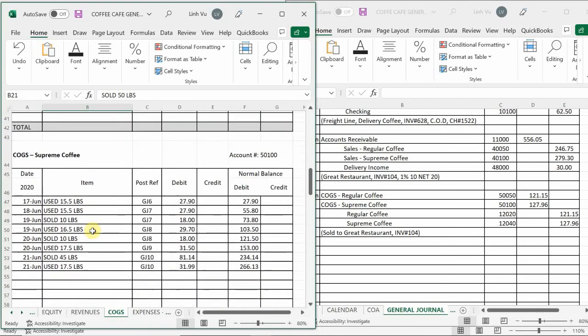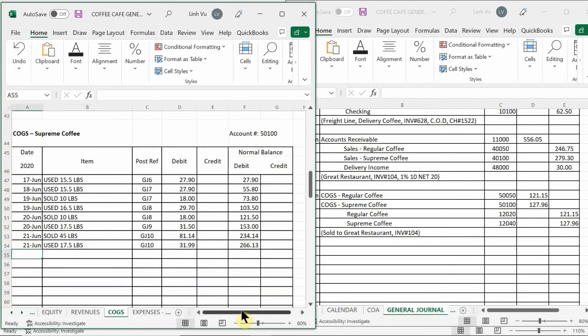Okay, what about my Supreme Coffee? 70. At what total cost? 127.96.